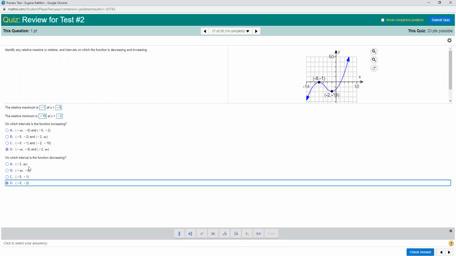So the only possible intervals can only be the x values, the -8 and the -2. It cannot be the -1 and the -19. So anything that has a -1, -19, you might as well throw out, okay? All right, y'all, so we got our min and max and our intervals, so we hit the next one.